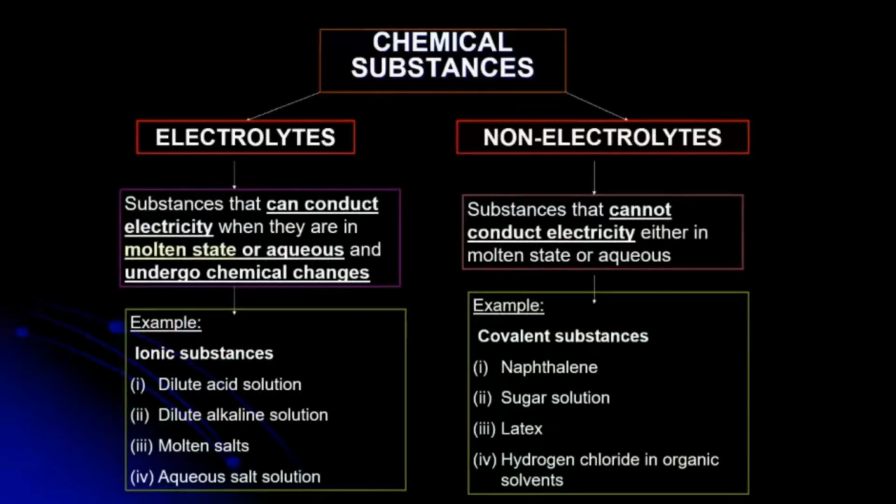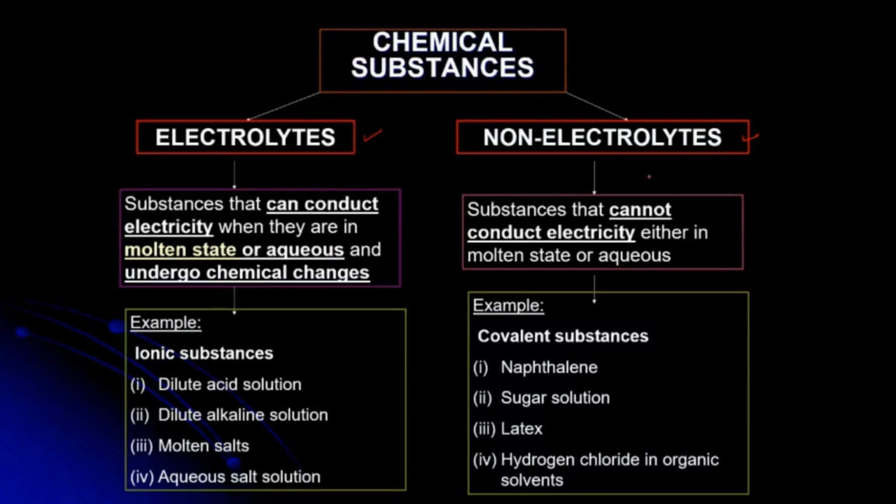Next, under electrolysis, any chemical substance can be divided into electrolytes and non-electrolytes. Now we look into the meaning of electrolytes. It is a substance that can conduct electricity when in the molten or aqueous state, and it undergoes a chemical change.